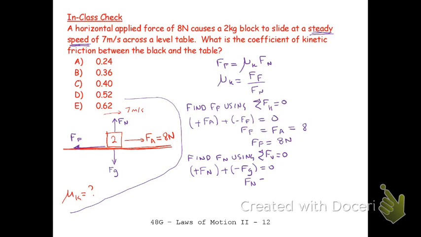So Fn is equal to Fg. And Fg, of course, is equal to the weight, which equals mg. So that g is a subscript and this g is the thing in its own right. So let's put that in brackets so we don't get those two things confused. And that equals m, which is 2, times g, which is 10. So Fn equals 20 newtons.